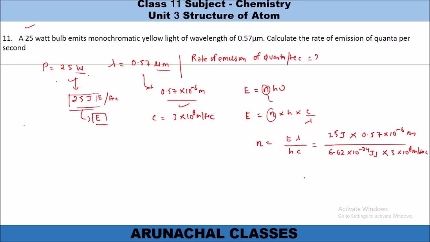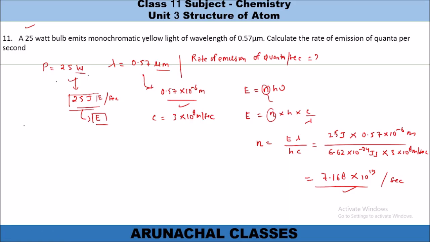When it is solved, we will get the value as 7.168 × 10^19. So this many quanta packets will be there per second.